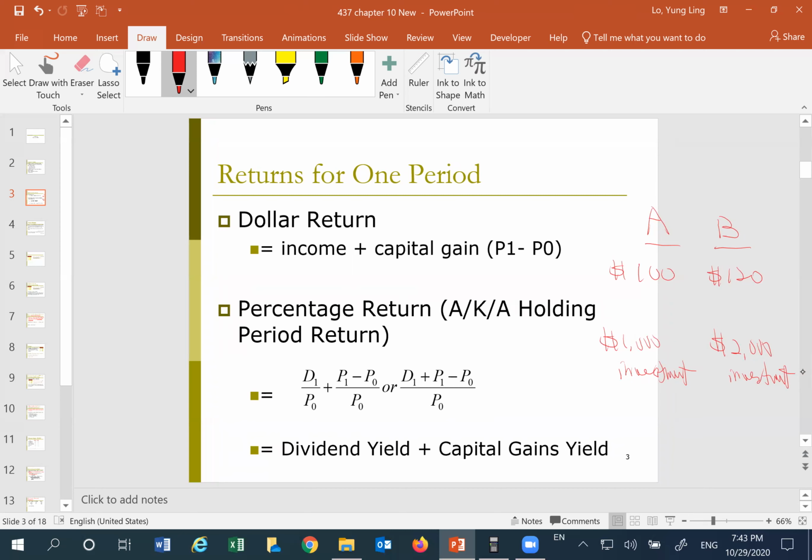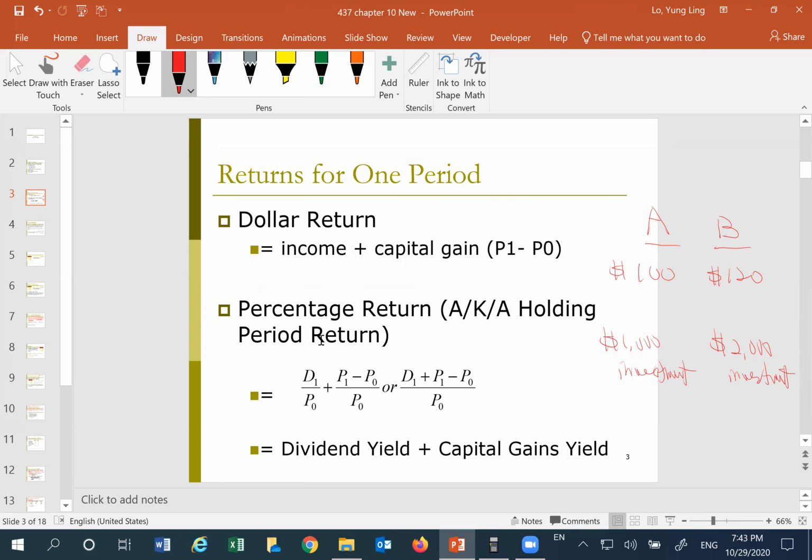So if you invest twice as much money in B than in A, then you really should earn twice as much money in B. But that's not what we see. So in order to figure out which one has actually performed better between A and B, we cannot simply look at the dollar return without comparing that dollar return with respect to your P0, or your initial price of the investment. And that's what the holding period return or the percentage return does.